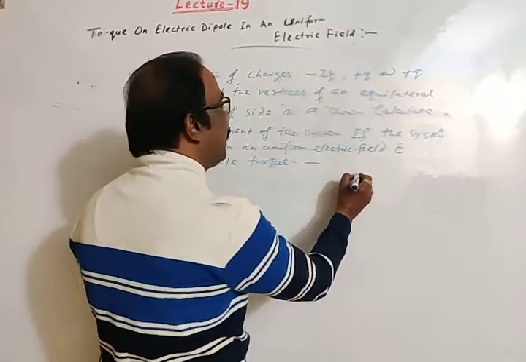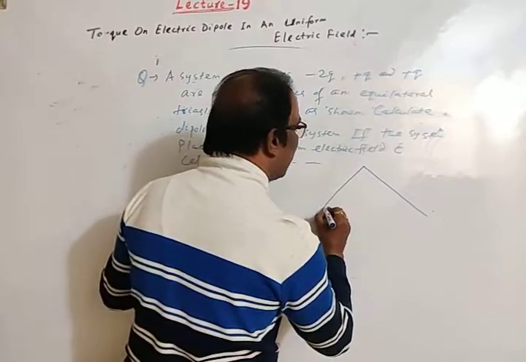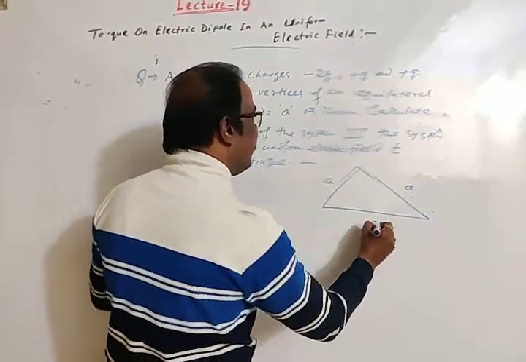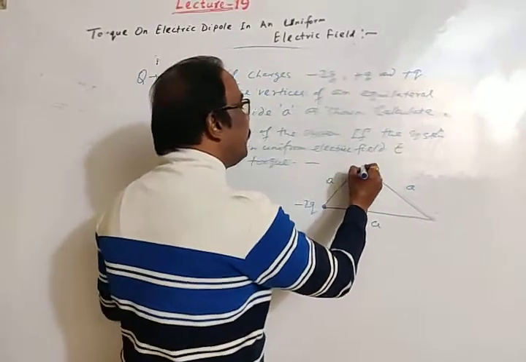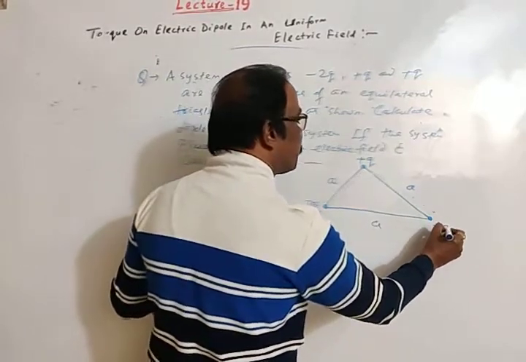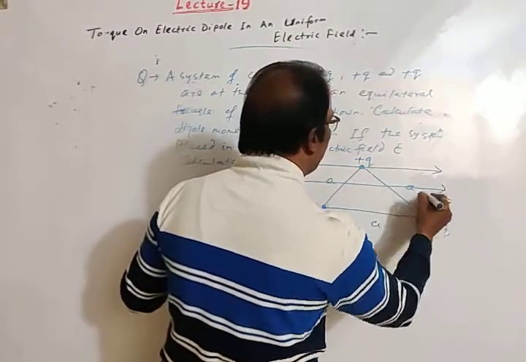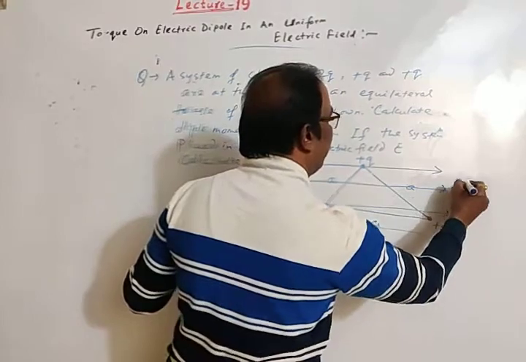Diagram is given. This is an equilateral triangle. Each side is A. Suppose here the charge is minus 2q, here the charge is plus q, here the charge is plus q, and the whole system is placed in a uniform electric field E.